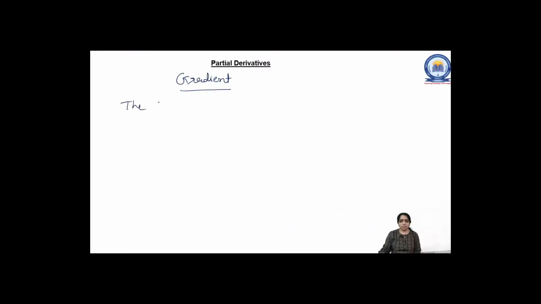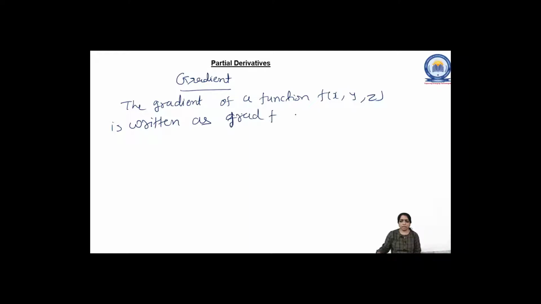The gradient of a function f(x, y, z) is written as grad f and it is denoted by the symbol ∇f.